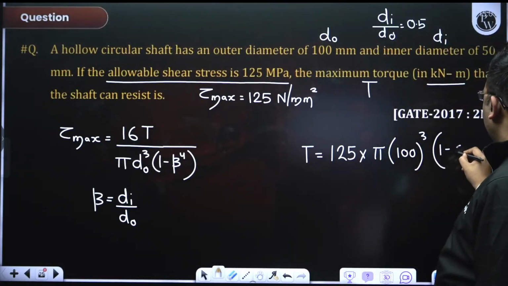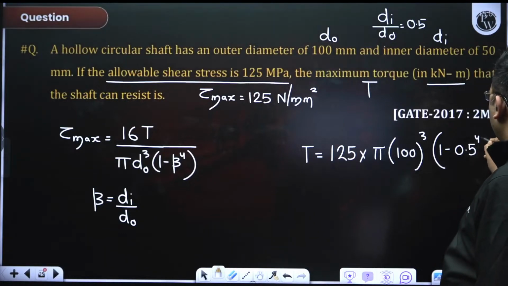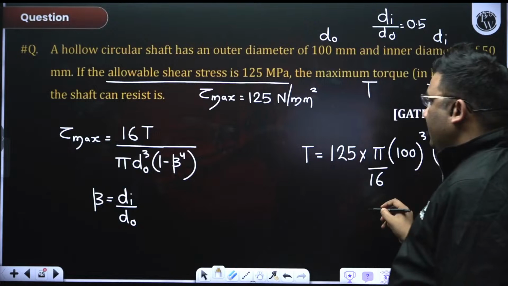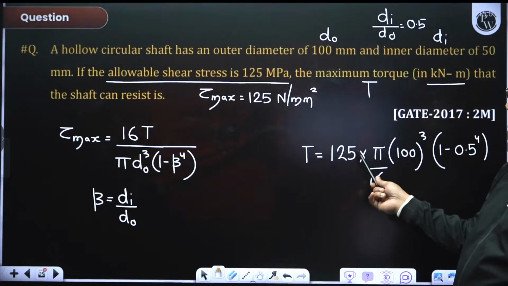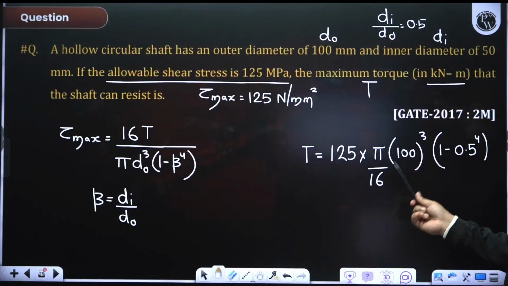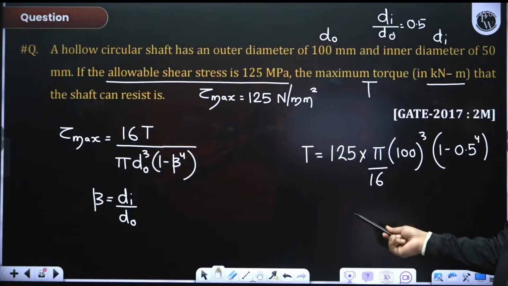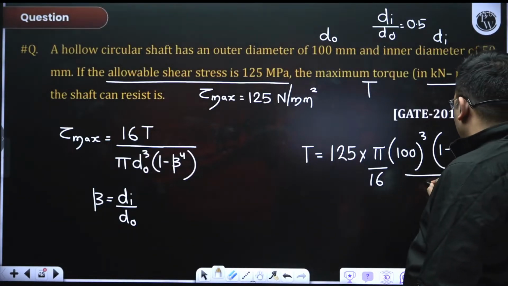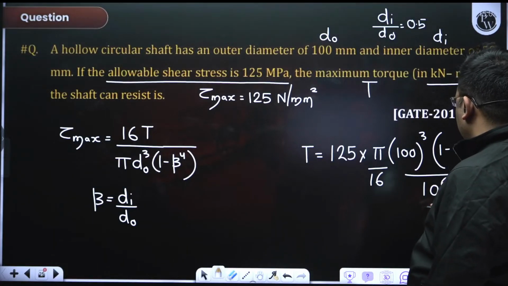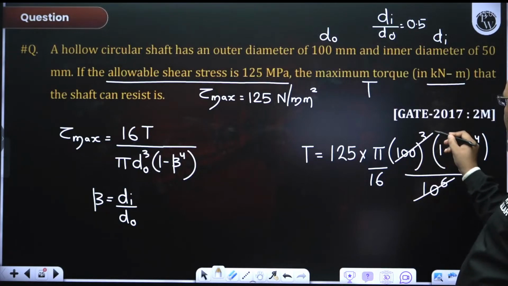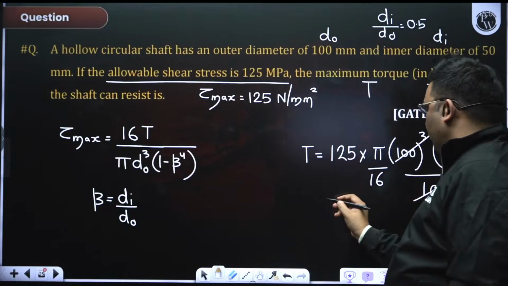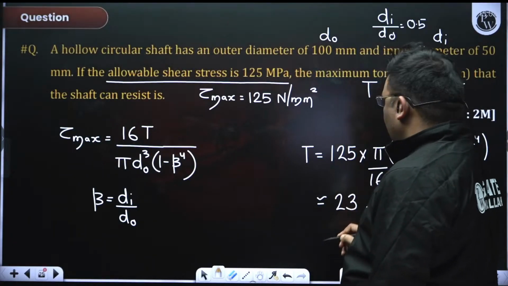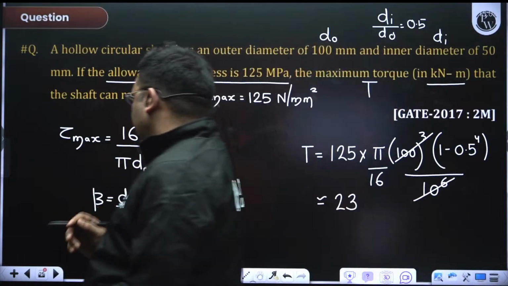So 1 minus 0.5 to the power 4, and then this divided by 16. Now see, this maximum shear stress is Newton per mm square, and this is mm cube. So the answer will be Newton mm. If I want to convert into kilonewton meter, I'll divide by 10 to the power 6. So these two will get cancelled, and the rest if you find out, you will be getting approximately 23 kilonewton meter. So these formulas become very important.